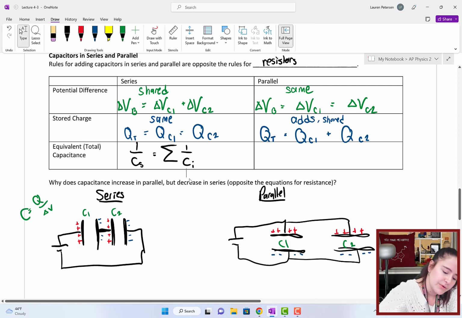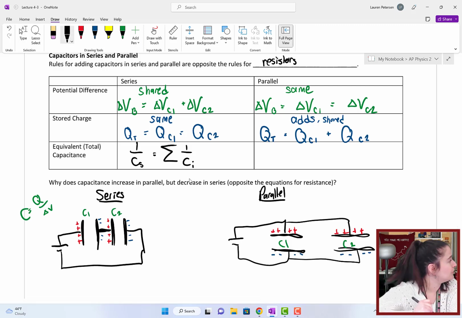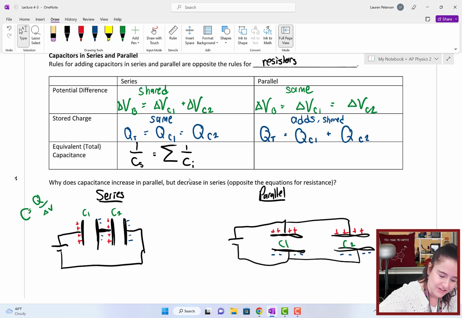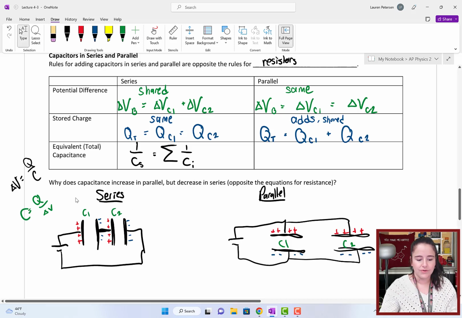And you can see it also here if we reorganize this equation and solve for the voltage. We get Q over C. So you can see that total capacitance would be on the bottom.